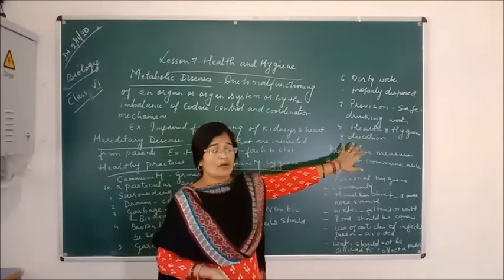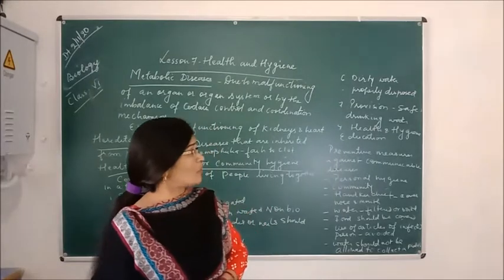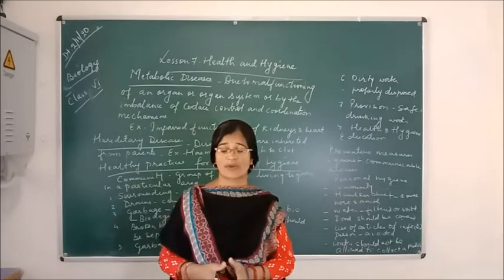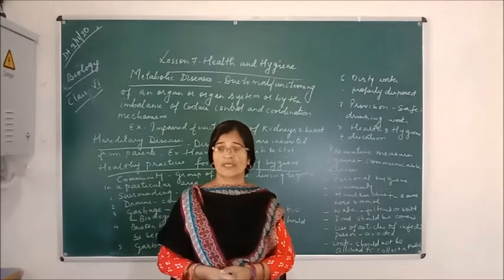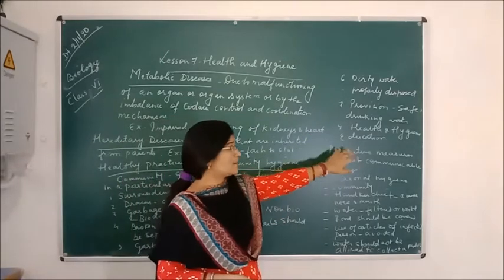And for the awareness of the people, health education and hygiene education should be given in the form of dialogue or any kind of programs, so that people can understand the importance of health and hygiene.